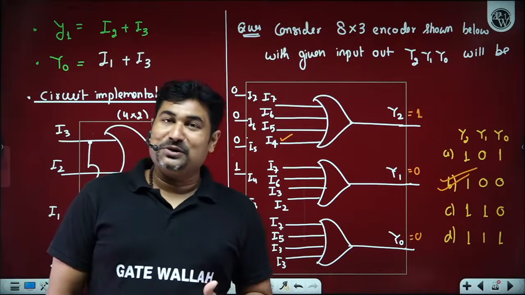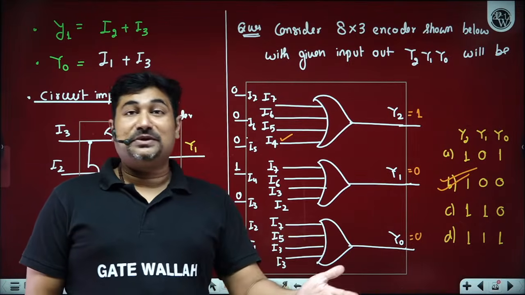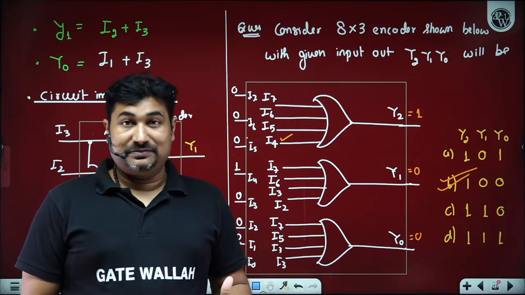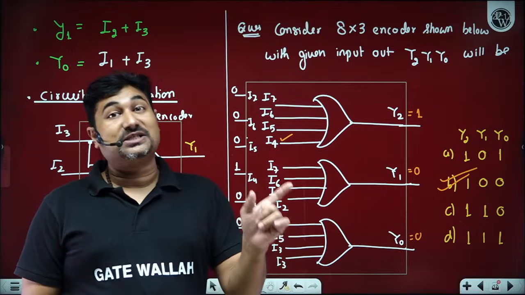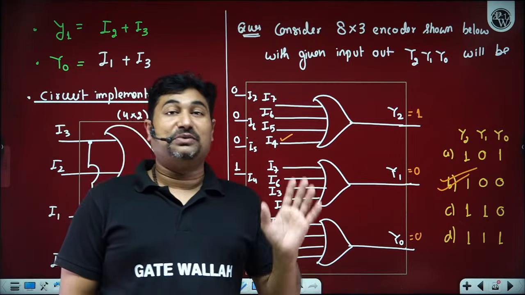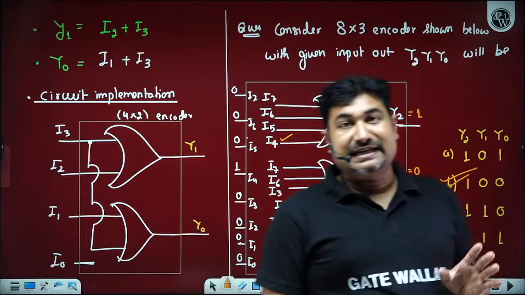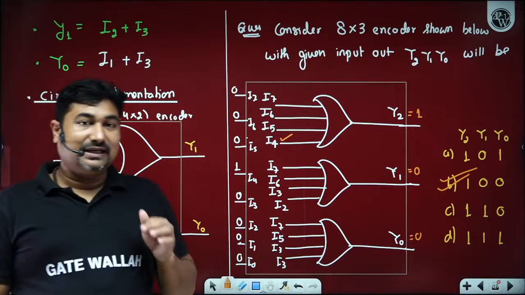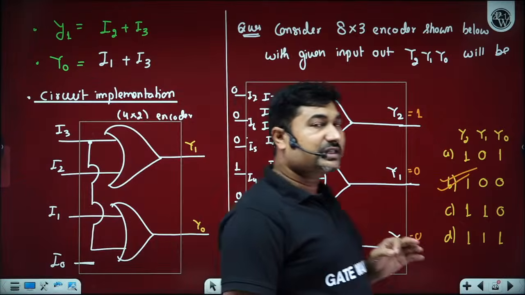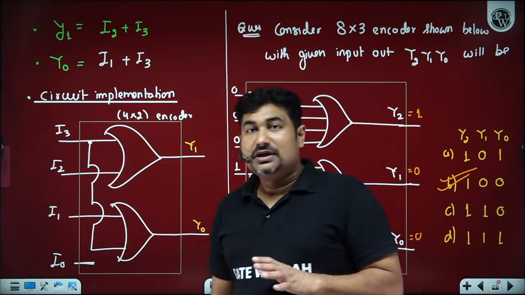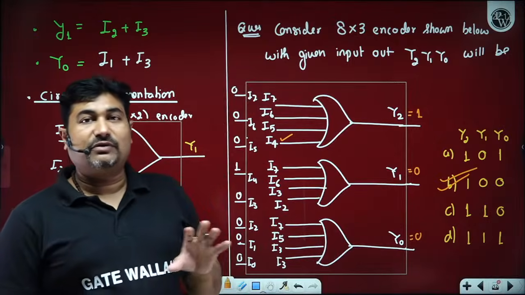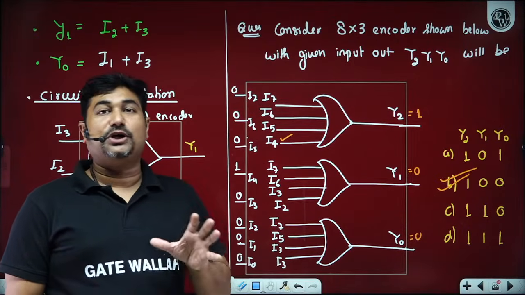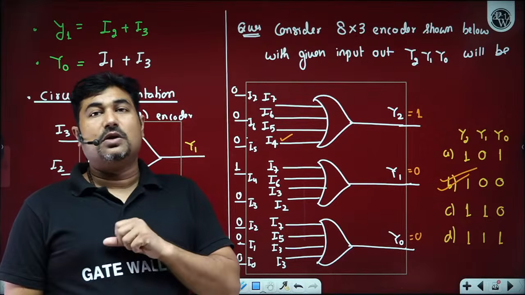In a priority encoder, multiple inputs can be high at a time, but the output corresponds only to the highest priority input. How many of you are able to understand this? Great, sir. The output always corresponds to the highest priority input. So generally, whenever we have to use an encoder, we prefer to use a priority encoder instead of a normal encoder.